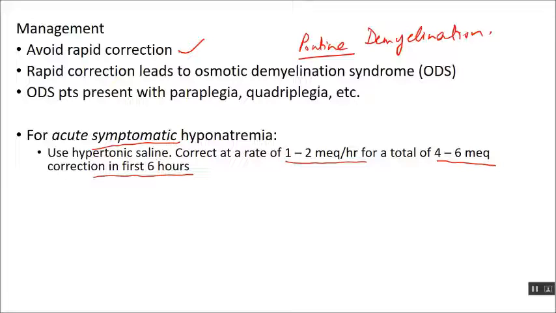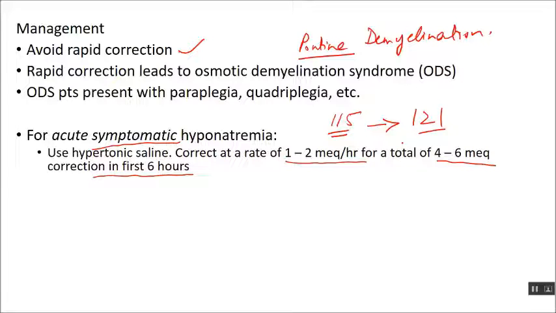Okay. So an important thing here is that, let's say, someone has a sodium of 115 and they are having seizures. You give them hypertonic saline, you correct at the appropriate rate, and you have brought it to 121 at the end of 6 hours.